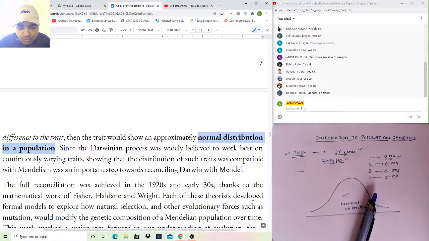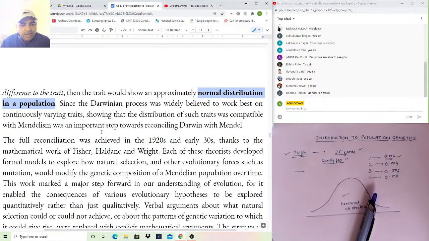So he was the first to unite the concept of Mendelian genetics with that of Darwinian genetics. Since the Darwinian process was widely believed to work best on continuously varying traits, showing that the distribution of such a trait was compatible with Mendelism was an important step towards reconciling Darwin with Mendel.